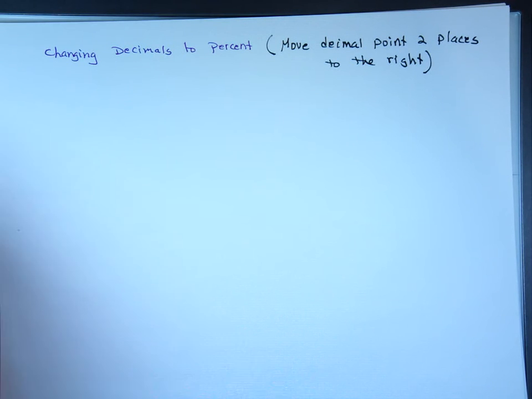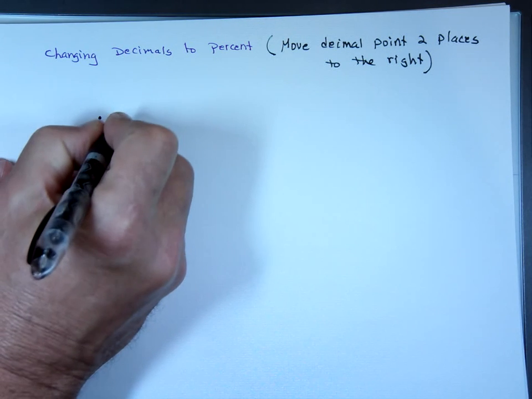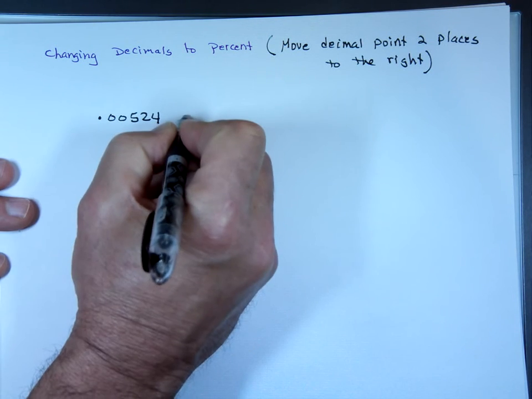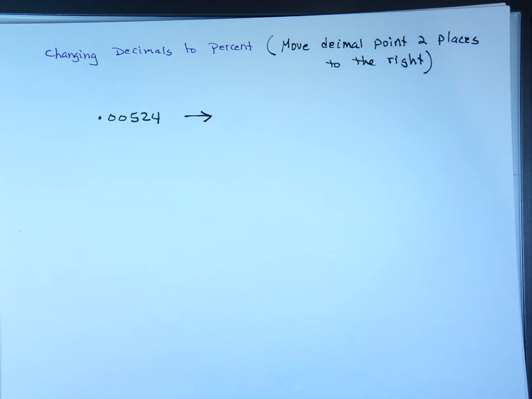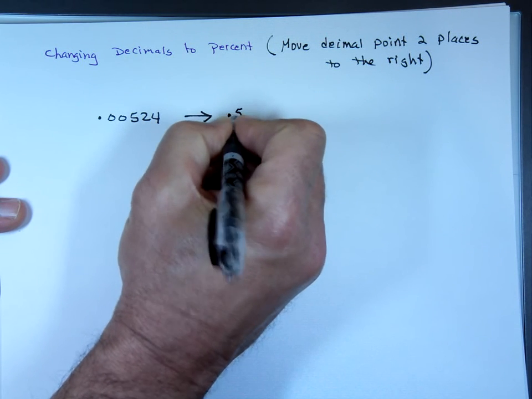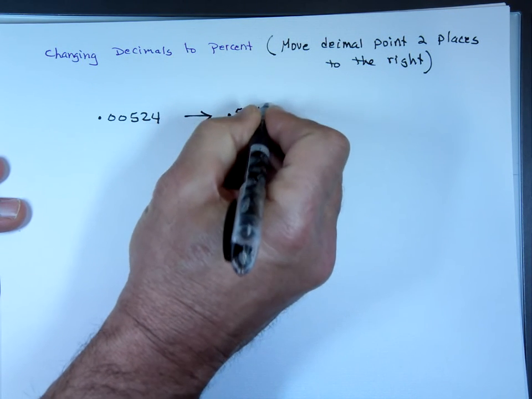So if I write 0.00524 as a decimal value, I said, can you change that to a percent? Move the decimal point how many places? 2 to the right, that will make it 0.524. Then you add the percent sign.